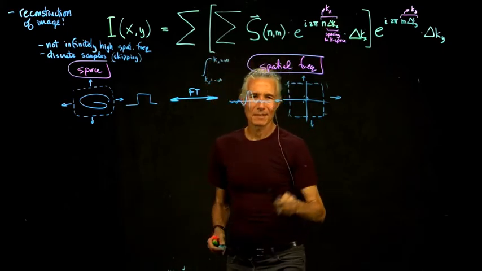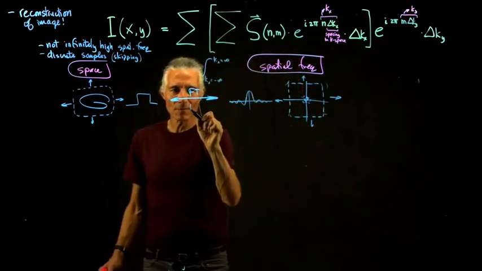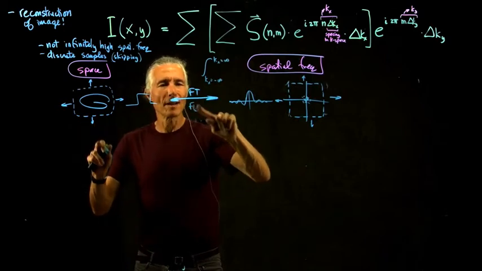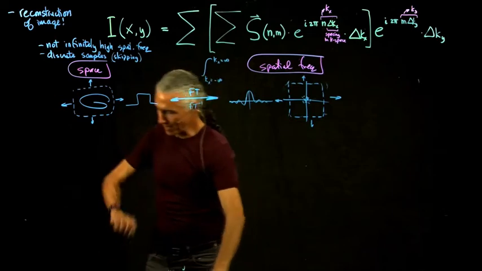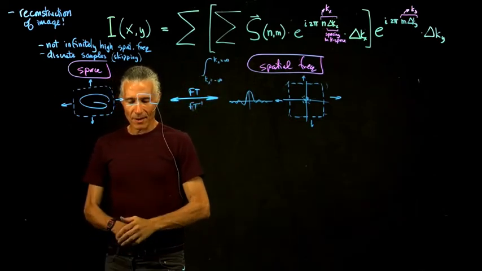So it goes out forever. If we inverse Fourier transform this, then we get back just one brain. So that's good. But now we've got to do two things.